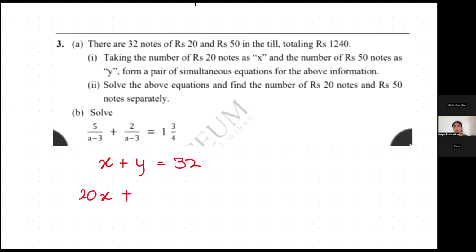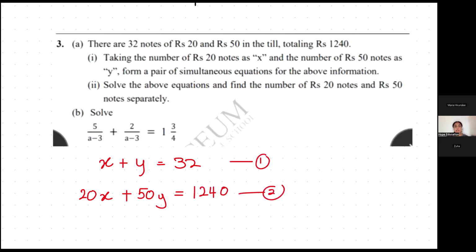One 50 rupee note is 50. Three is 150. Five is 250. Likewise, here there are y 50 rupee notes. So the total is 1250. So these are our two simultaneous equations, which I will label as 1 and 2.